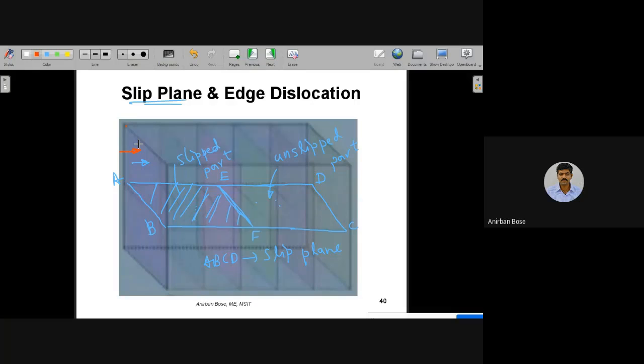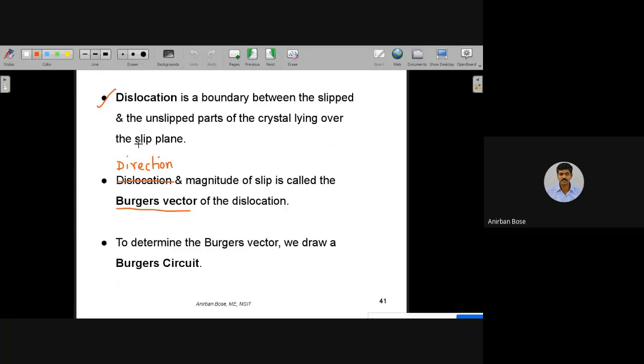So the distance by which it has moved is basically the amount of slip. This magnitude of slip and the direction of slip is denoted by the Burger's vector. Okay, so the Burger's vector is generally given this symbol, and this indicates the magnitude and direction of the slip. That you have to remember. And we will see how we can find out this Burger's vector.